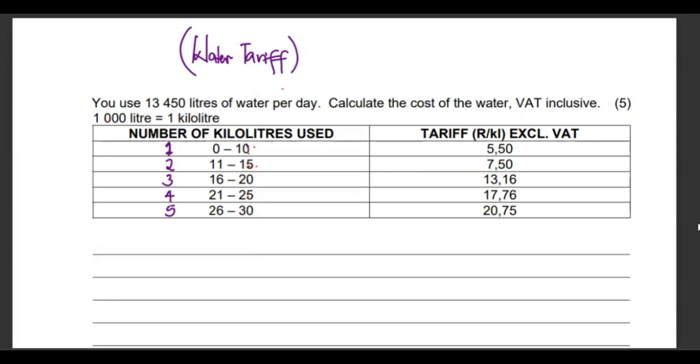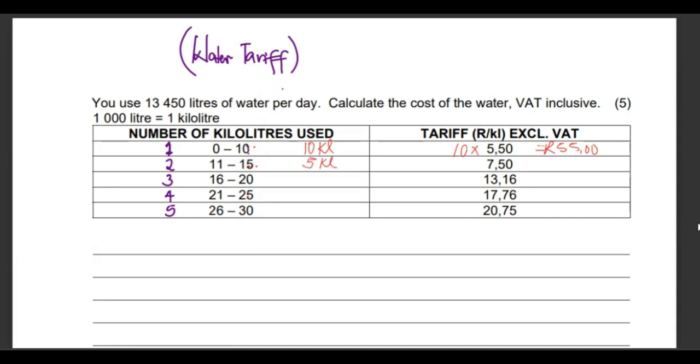We said bracket 1 has a maximum of 10 kiloliters, and the same 10 kiloliters multiply with this number here. You got 55 rands, excluding VAT.